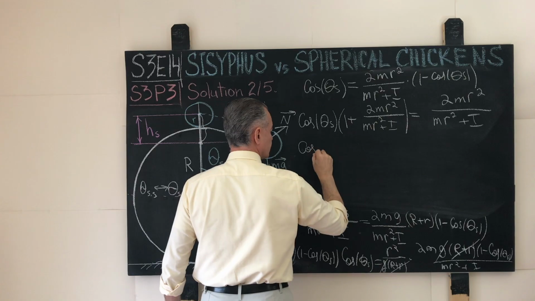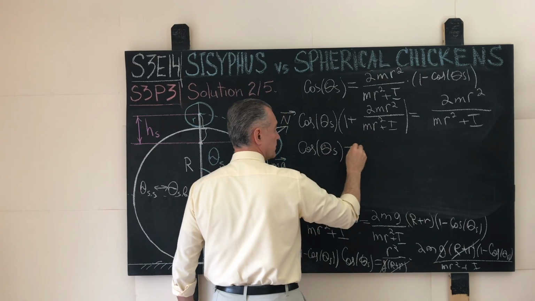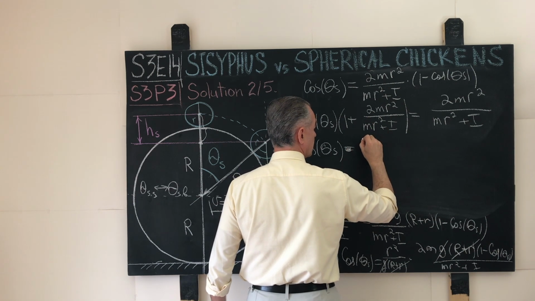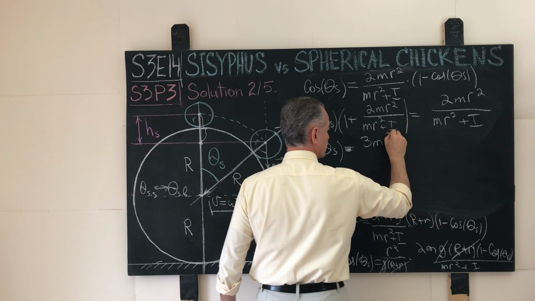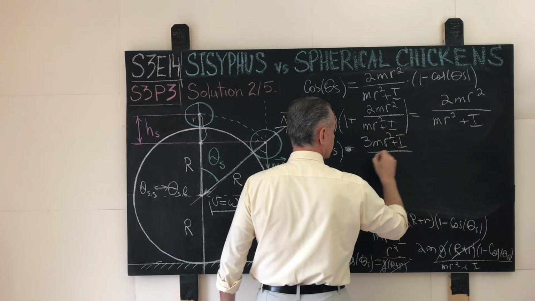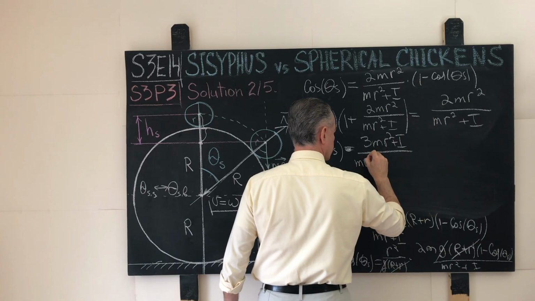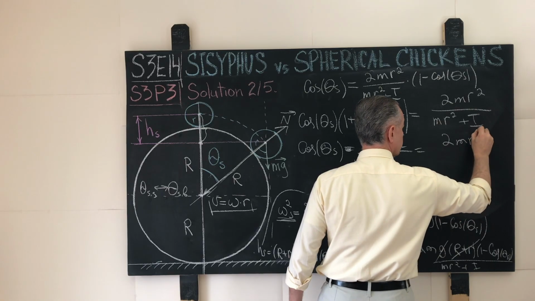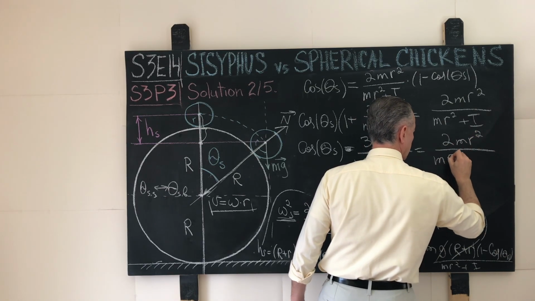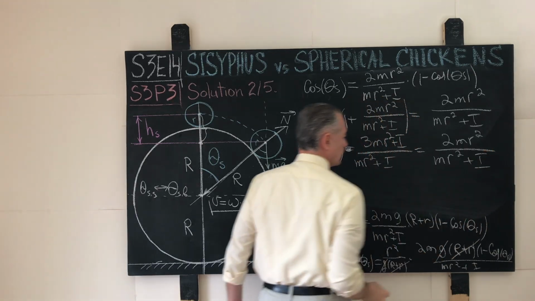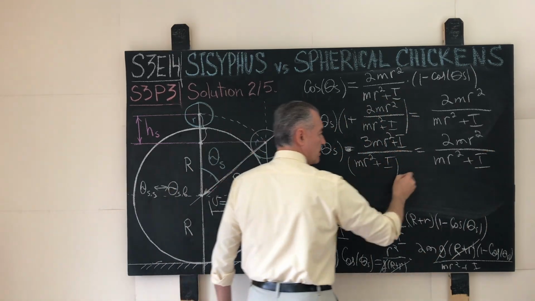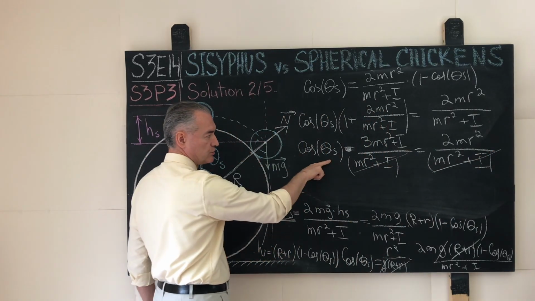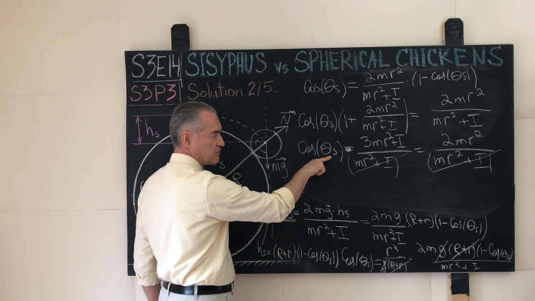So cosine of theta_s times, let's do it slowly, (3mr squared plus I) divided by (mr squared plus I) is equal to 2mr squared over mr squared plus I. Again, the denominators in both cases cancel each other out, and what do we have for the expression of the cosine of the angle of separation theta_s?